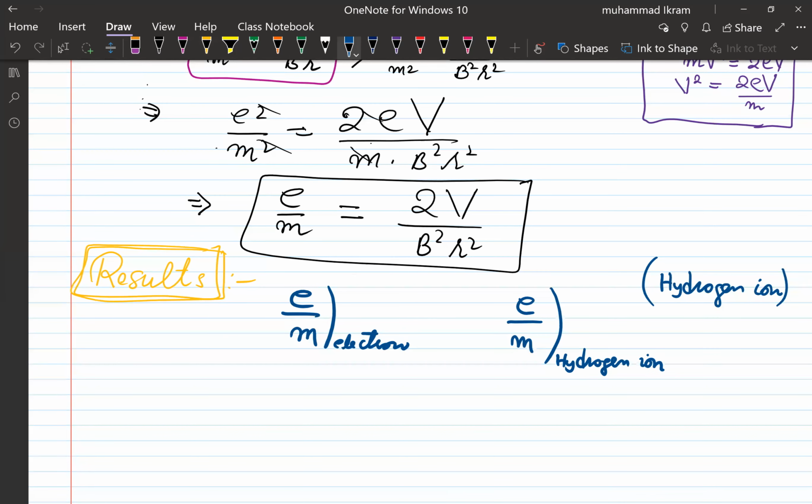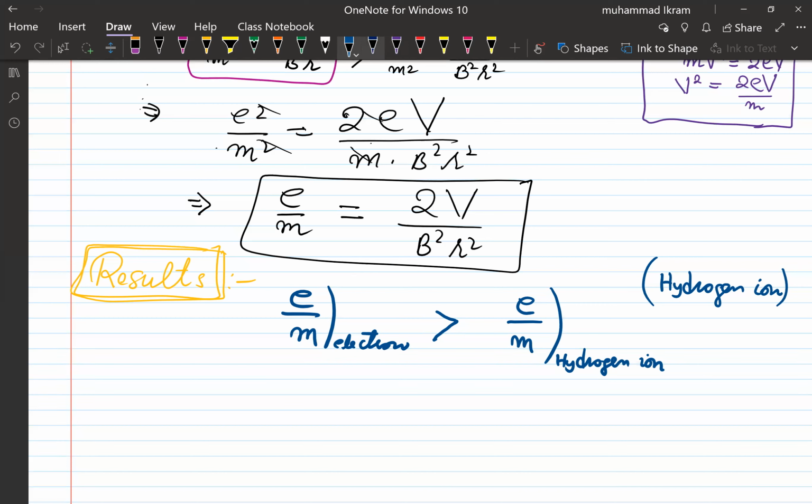Now, it is a very interesting thing: for the cathode rays, this E by M ratio is exactly the same for all kinds of metals. But when we compare the E by M ratio of the electron, it comes out to be greater than that of the hydrogen atom.